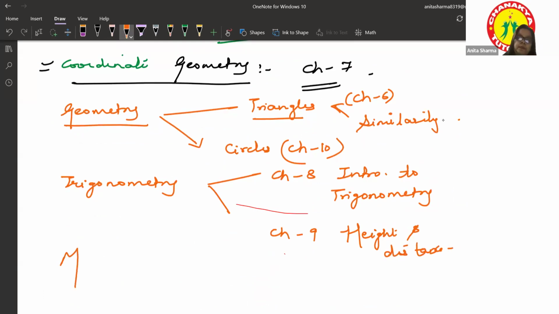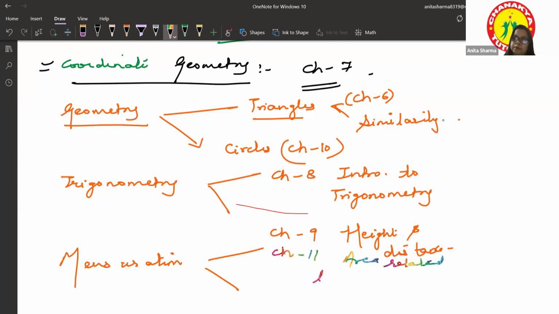And then the mensuration unit. There are 2 chapters. First is chapter 11, area related to circles, in which you have to find the area of the sector, area of the major sector, area of the minor segment and major segment.